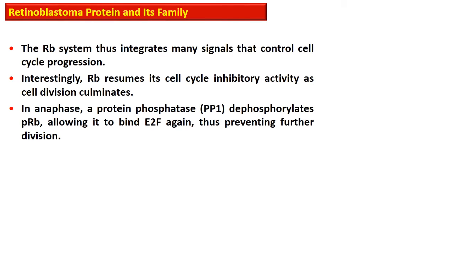The RB gains back its inhibitory function as the cell division completes. During anaphase, PP1, that is protein phosphatase 1, dephosphorylates RB, and this RB binds back to the E2F. Hence, it stops further division.